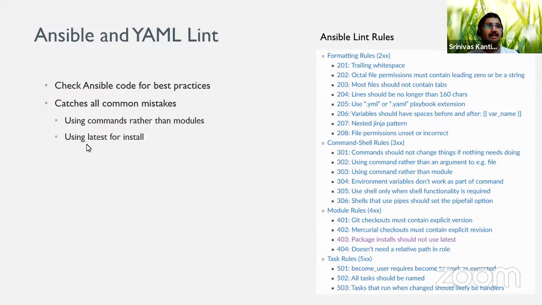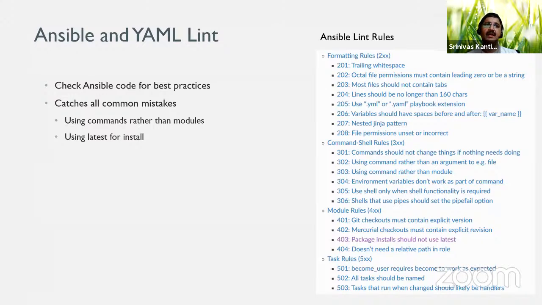And this is one of the things: using latest for install. When you install something, if you see latest, it always pulls the latest image that's available, whether it's in Docker or wherever it is. That causes some drift, right? You always want to be specific about what you want to test on.